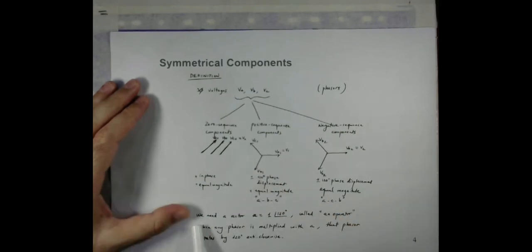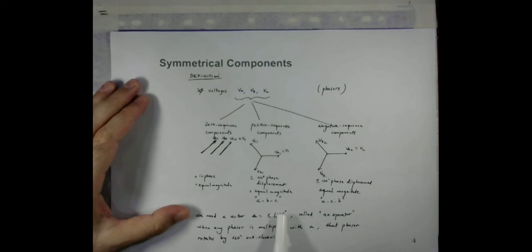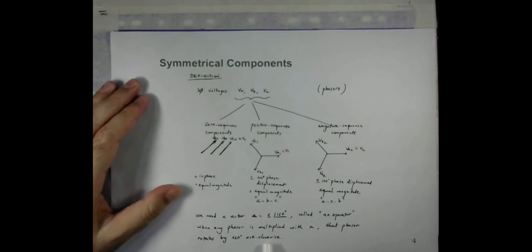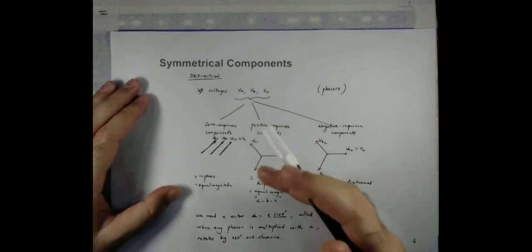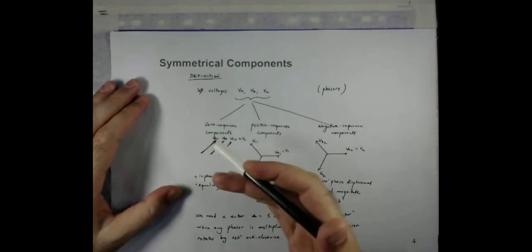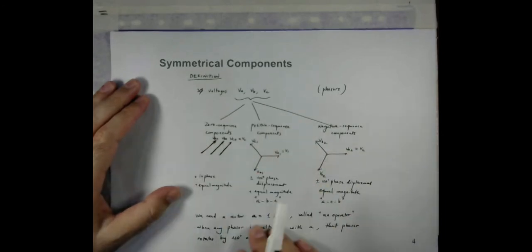So it's mentioned here that we need a vector A, which is basically put as 1 angle 120 degrees, called an operator. We call A an operator, and when any phasor is multiplied with A, that phasor rotates by 120 degrees anti-clockwise. For the decomposition of the phase quantities into the sequence quantities, we need an operator A, which has a magnitude of 1 and an angle of 120 degrees.